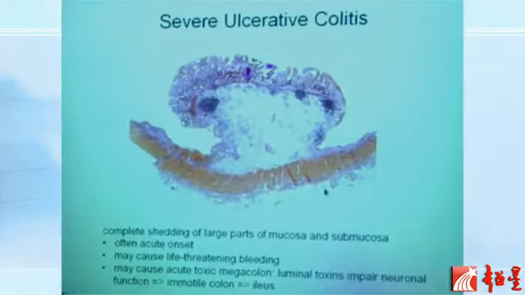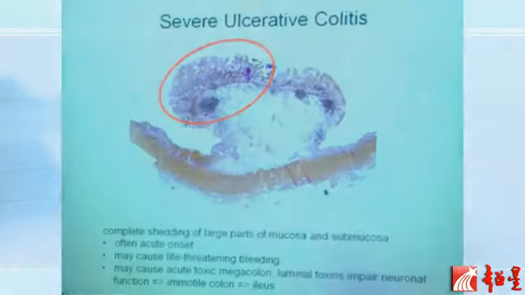So here is severe ulcerative colitis. We can see complete shedding of large parts of mucosa and submucosa. This area and this area, the mucosa and the submucosa disappear. Only this area is left.